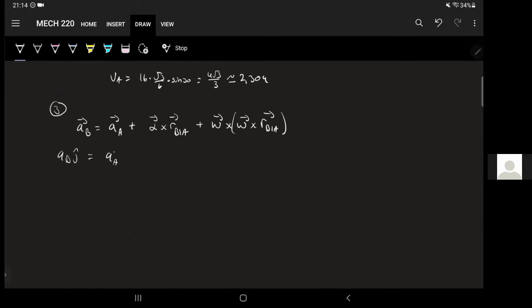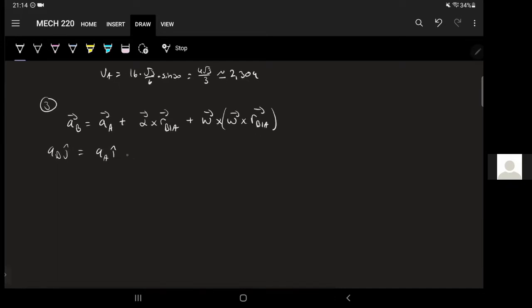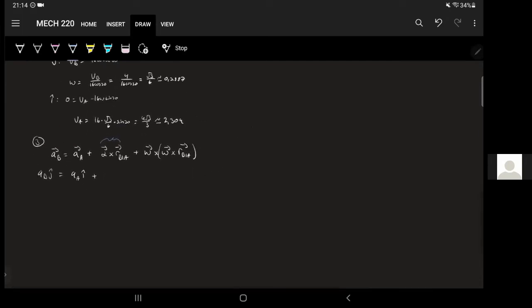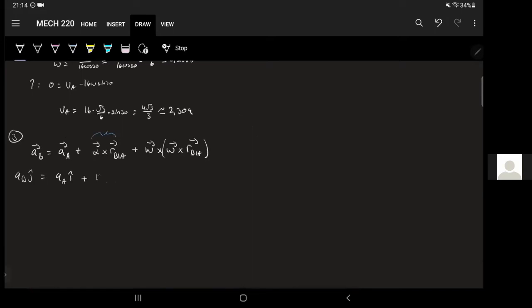Same thing for A, for the i component. Then this result here is basically the same thing as the omega, but having an alpha instead, right? Same math that we did before.